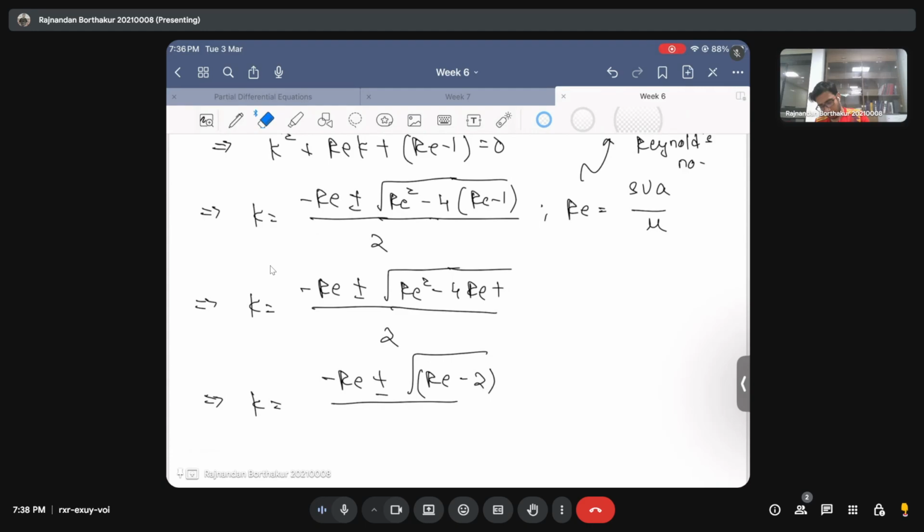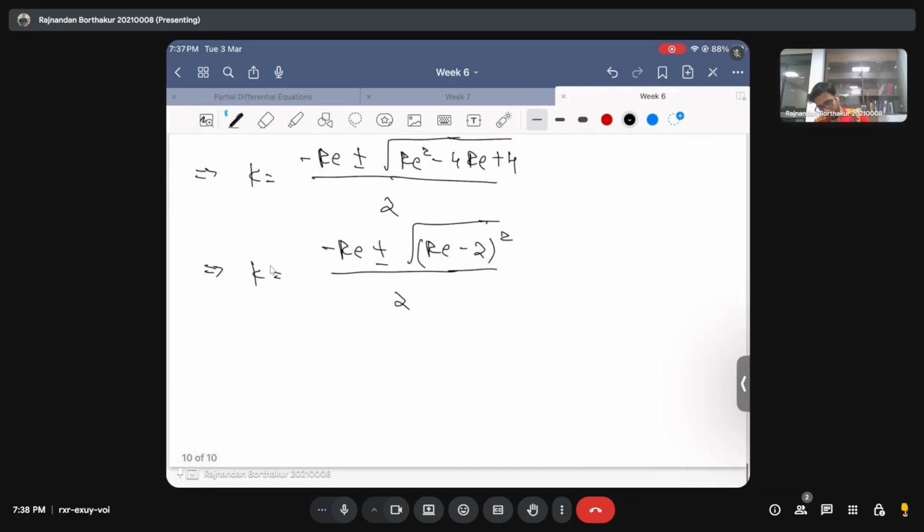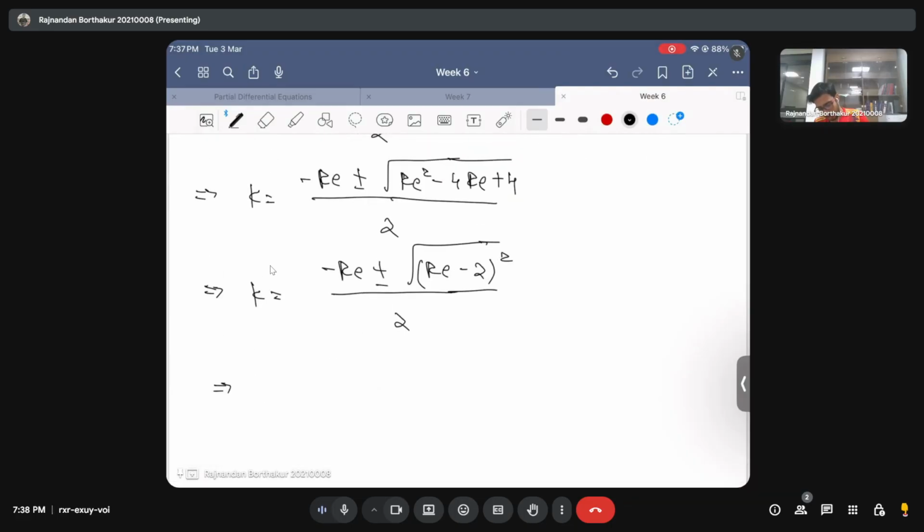That's because this is minus Re and this is minus 4, and there is a minus 1, which means I'm going to get 4. And then this is going to be Re minus 2 squared, by 2, which means I should get k to be equal to what? So k should be equal to minus Re plus and minus Re minus 2 by 2.